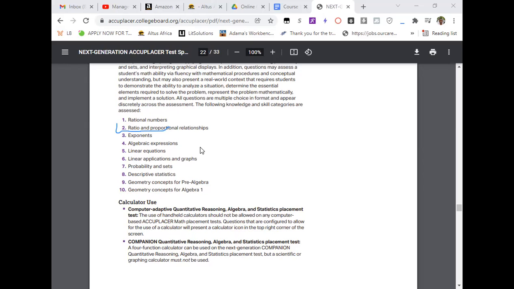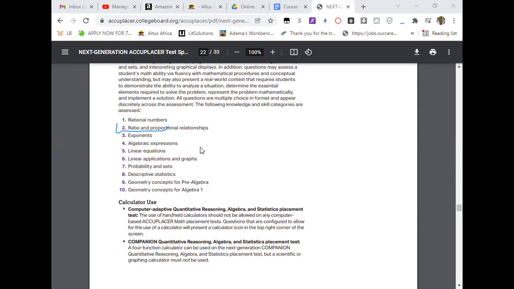Then ratio and proportional relationships. This is when you see rates, miles per hour, liters per second. Those types of things where you see the keyword per. We're going to understand how to answer those questions.